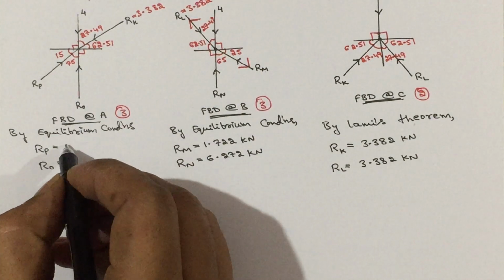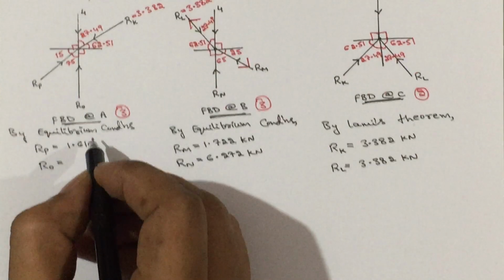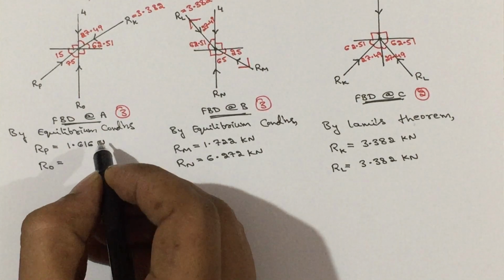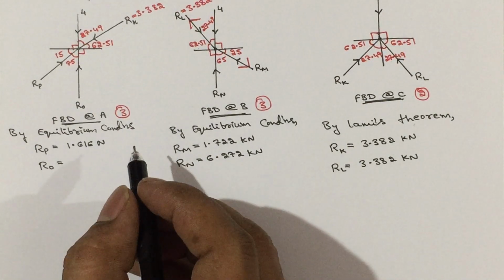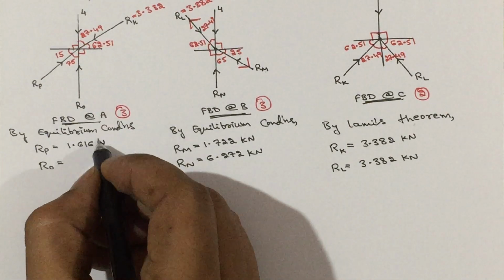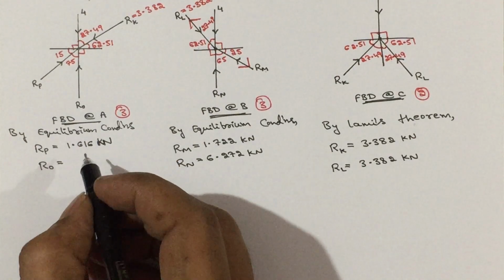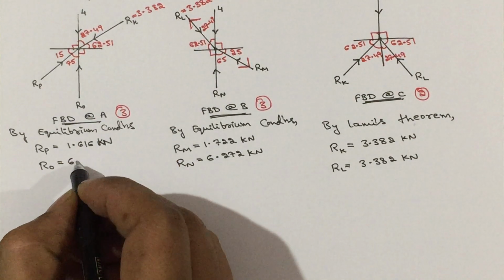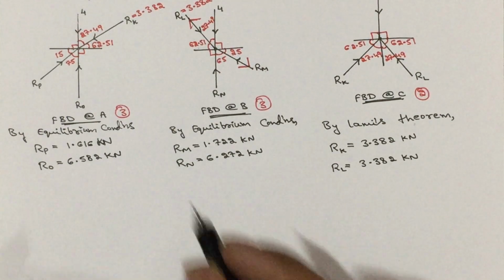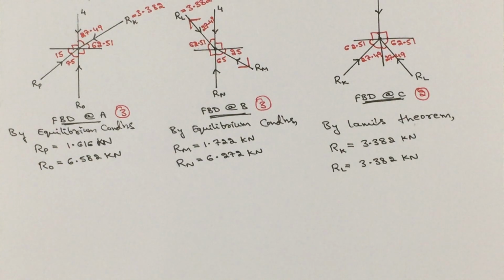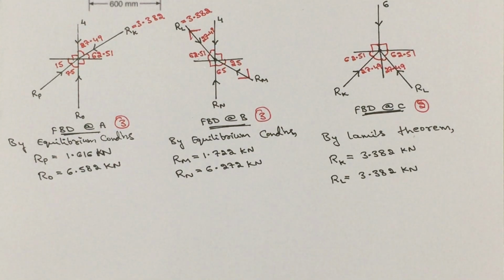RP you are going to get as 1.616 kilonewton, sorry, Newton. It is given in the problem in terms of kilonewton, so it is kilonewton. Then RO you are going to get as 6.582 kilonewton.